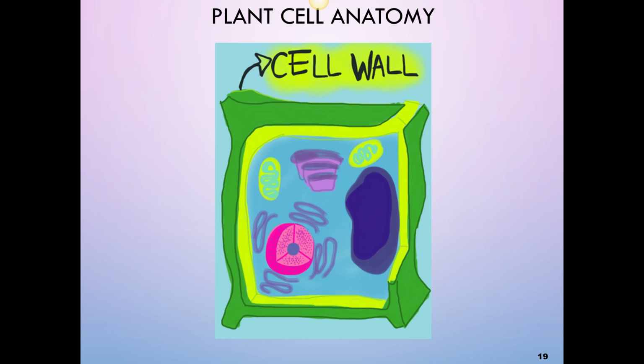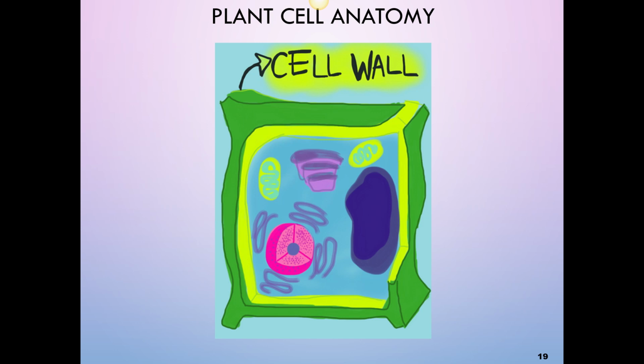Now the term cell, if you think back, where did the term cell come from? Robert Hooke was this guy, way back when, that decided to take a thin slice of cork material, and cork comes from a plant. Then he looked at it using a very powerful magnifying glass. And he noticed that the entire structure looked like rectangles.